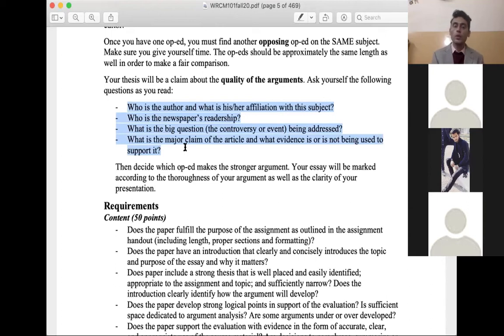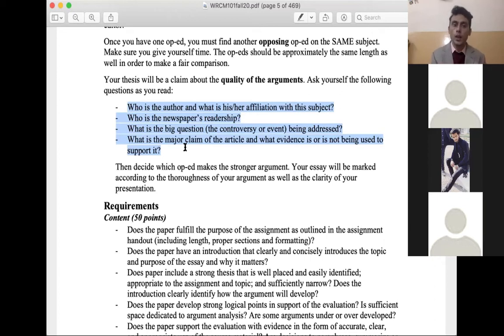Is it about Pakistan-India relationships? Is it about democracy versus dictatorship? Or is it about feminism? You can think of quite a number of topics which surround us.